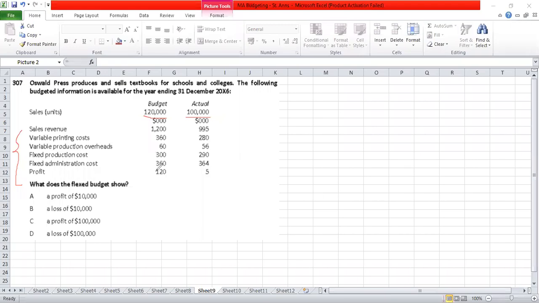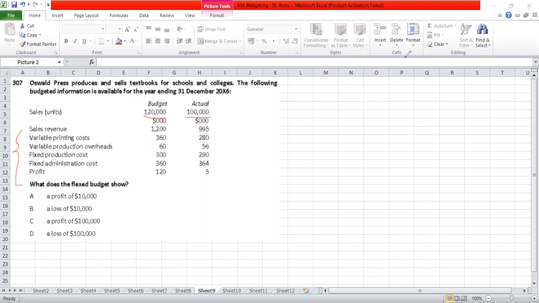So here the actual is 100,000. The budget was anticipated at 120,000 units, so for 120,000 units the costs are given. Then the actual happened at 100,000. So the budget will be revised according to the actual, so it would be at 100,000 units. That process is called preparation of flexible budget.